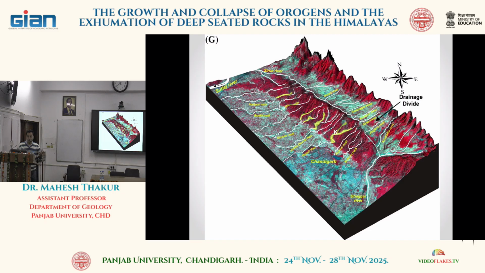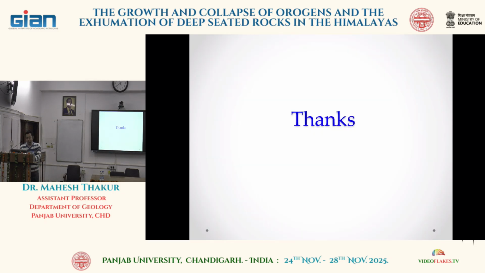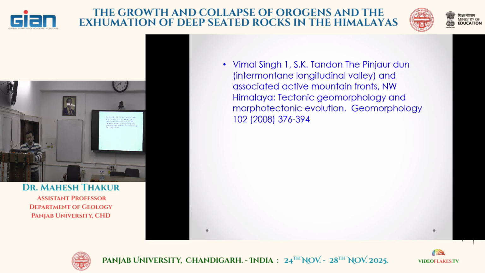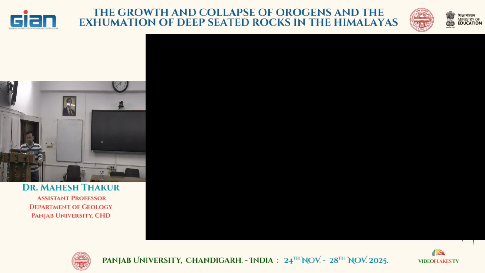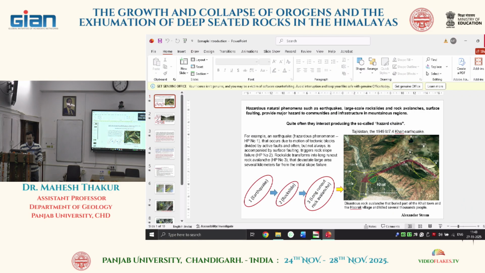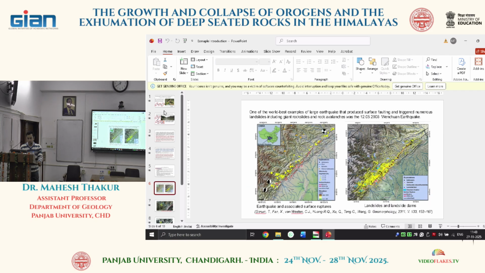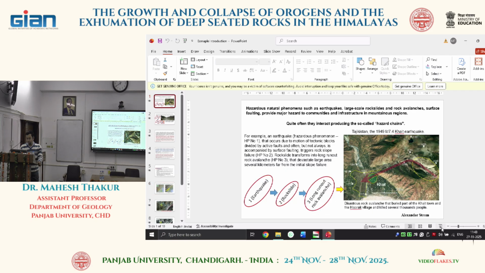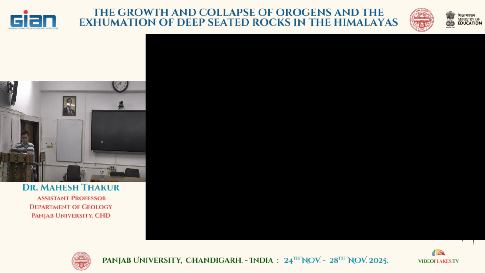So whether they are helping or not, that you have to think. This is the reference, the paper from which this material is taken. These are the slides I just took from Professor Alexander Strom.